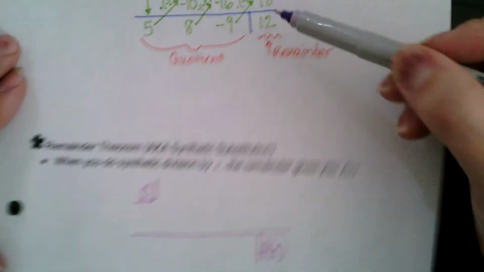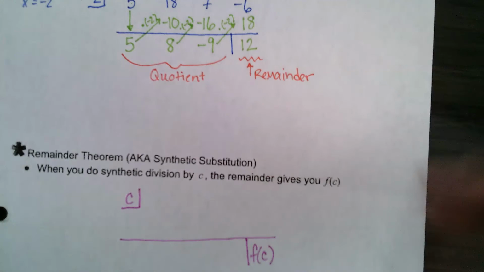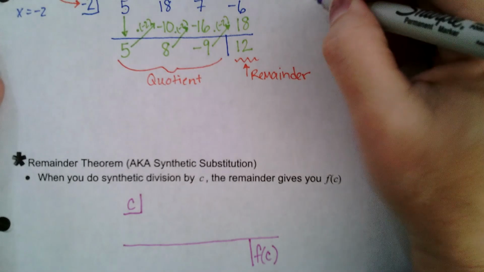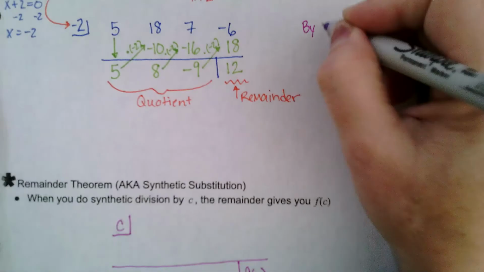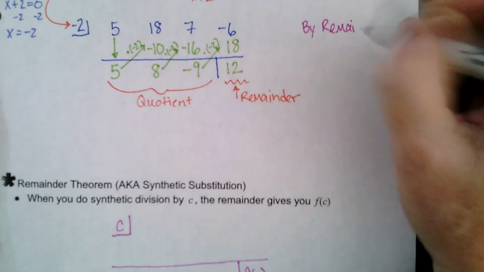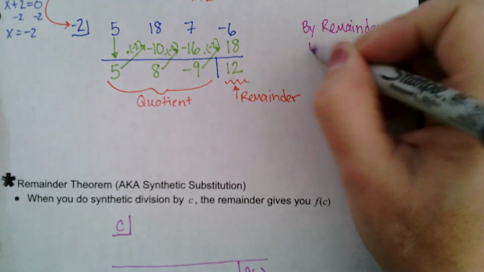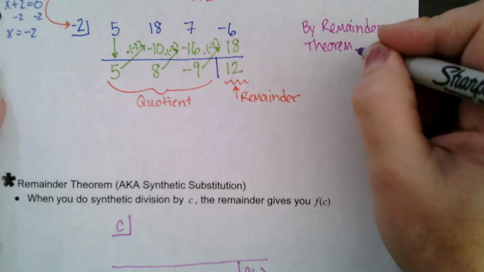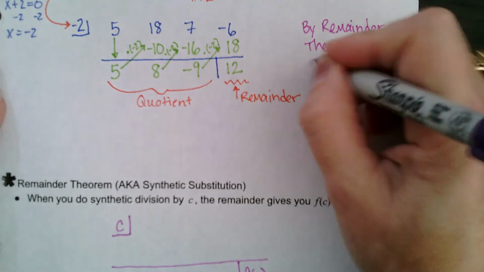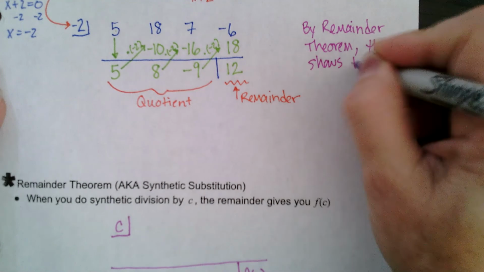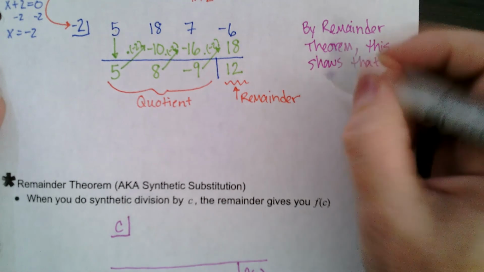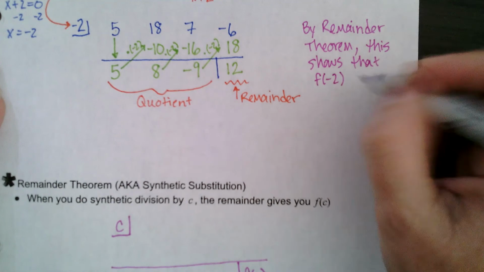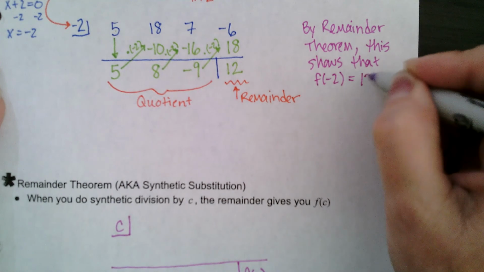So if I look back to that problem that we just did, by the remainder theorem, this would show that f of -2 would equal 12.